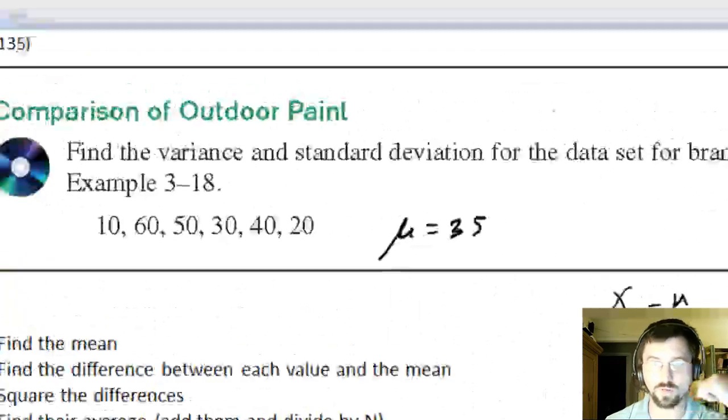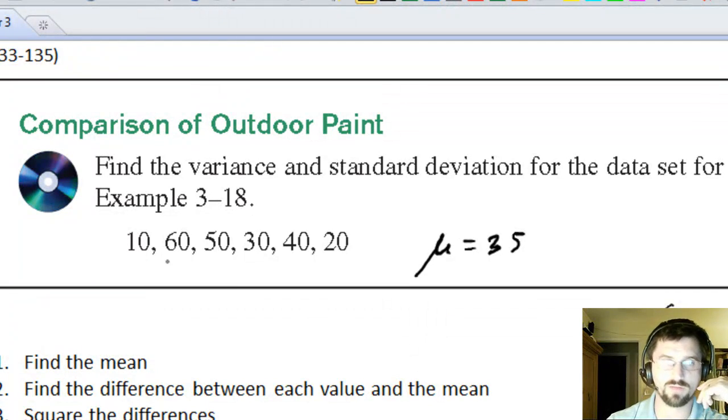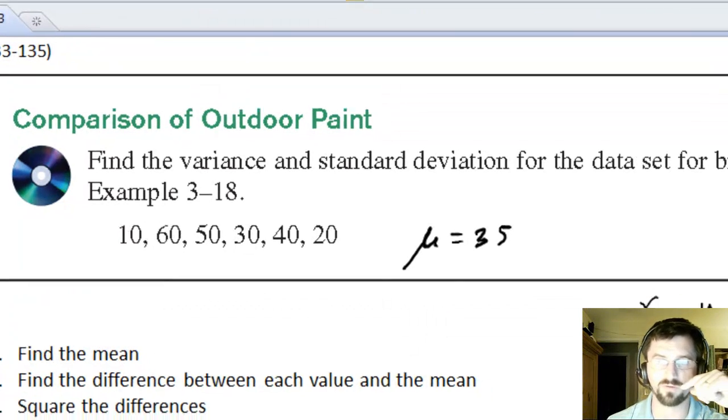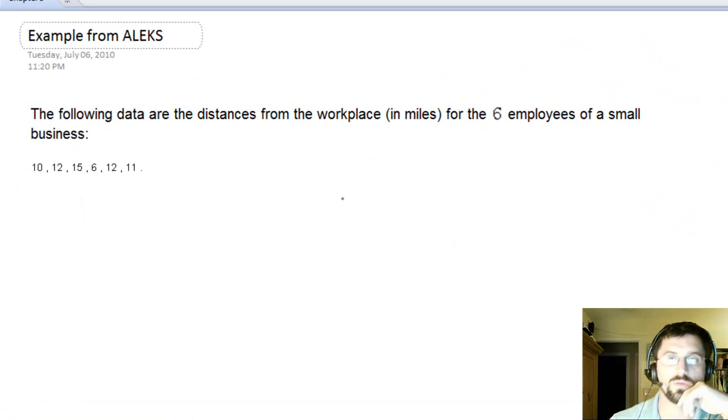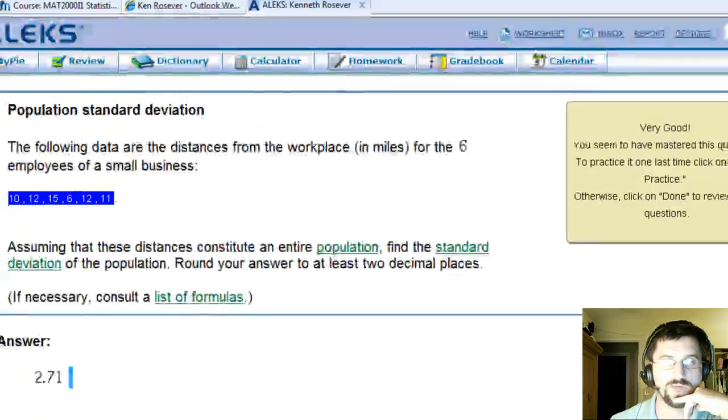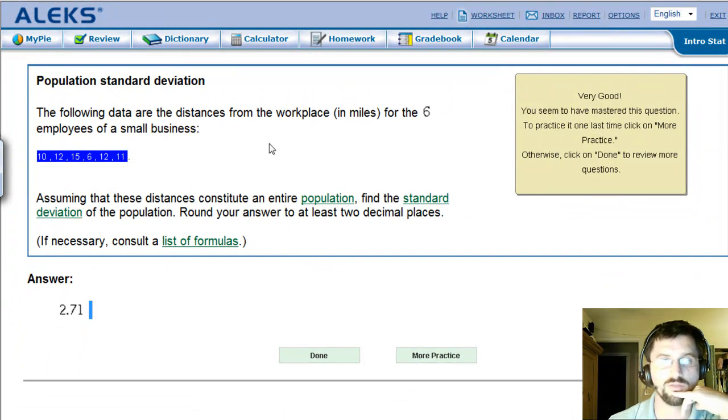If we want the standard deviation, it's the square root of that, whatever that happens to be. The rounding rule is normally whatever these are rounded to, we take it one decimal further for either of these answers. But when you do it in ALEKS, and we're going to do an example from ALEKS now, they're going to ask you to round off to more decimal places.